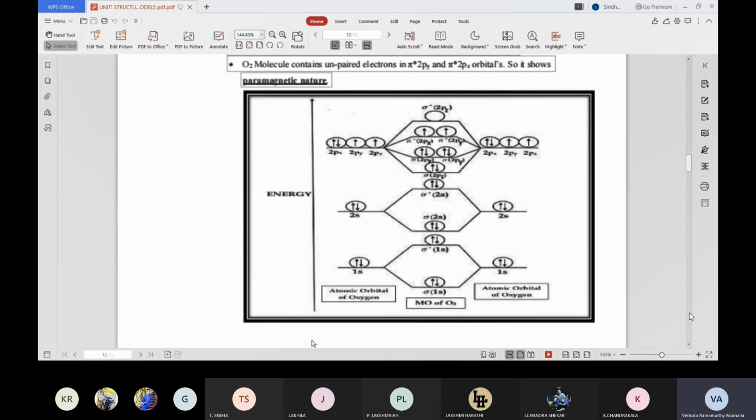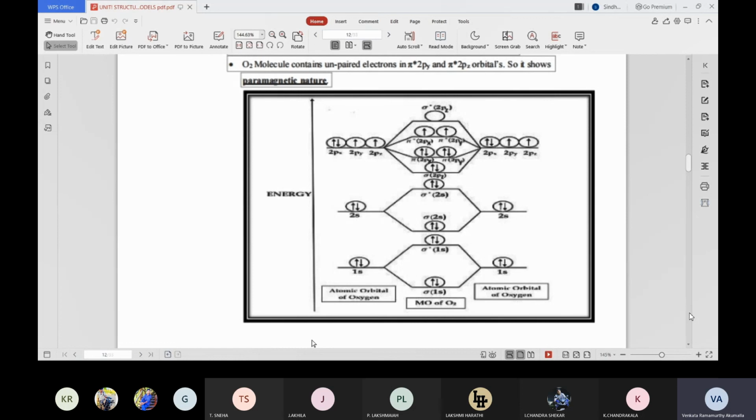Homo means the same type of atoms combine to form molecular orbitals, for example lithium, boron, beryllium, oxygen, fluorine, etc. Hetero means different types of atomic orbitals combine to form molecular orbitals, for example carbon monoxide and nitric oxide ions. Those are the heterodiatomic molecules.